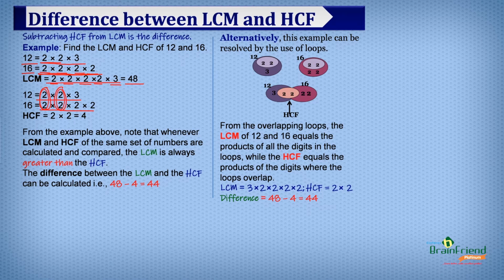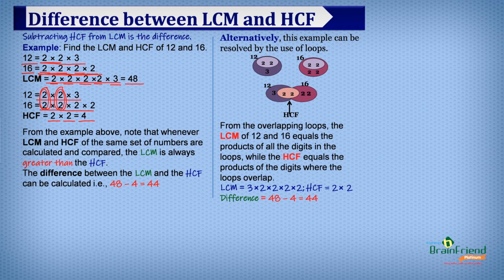So our HCF is 2 multiplied by 2, and that gives us 4. Now, having successfully found the HCF of the numbers 12 and 16, as well as the LCM of 12 and 16, we can go ahead to find the difference between the HCF and the LCM.